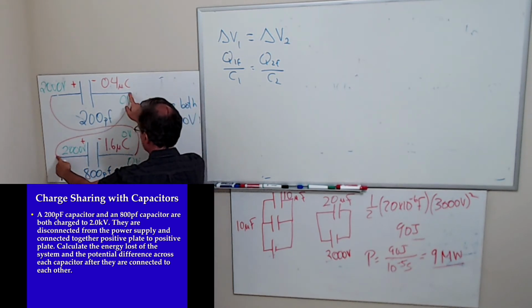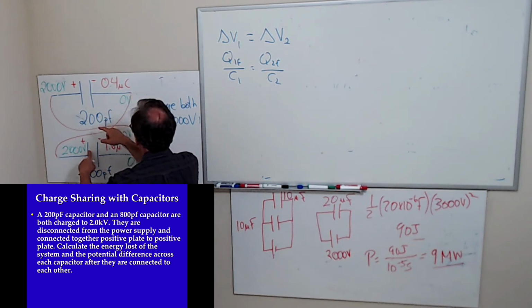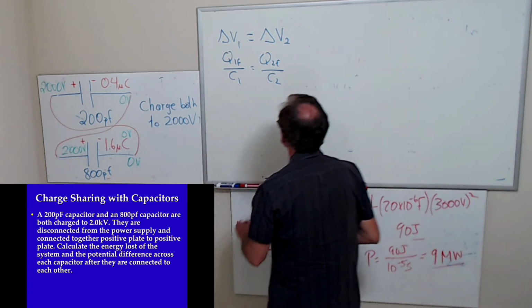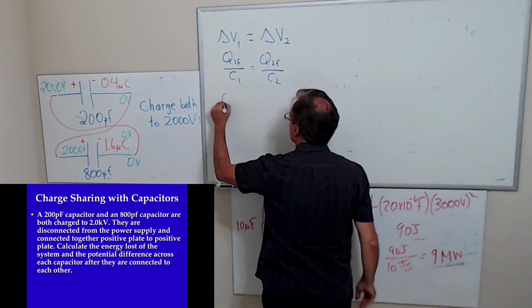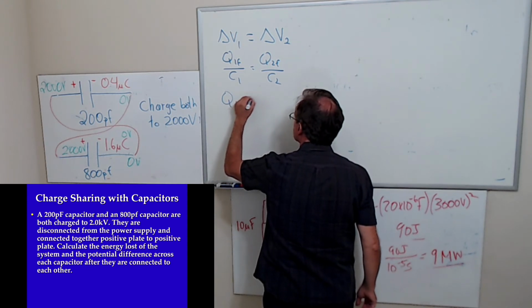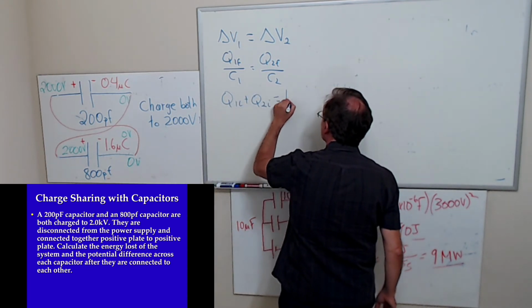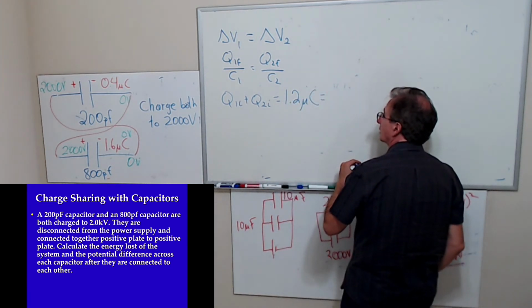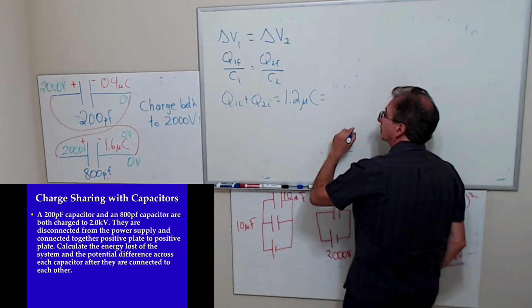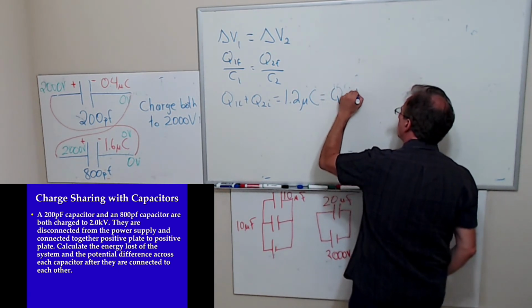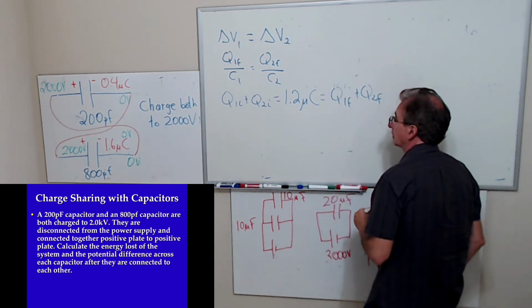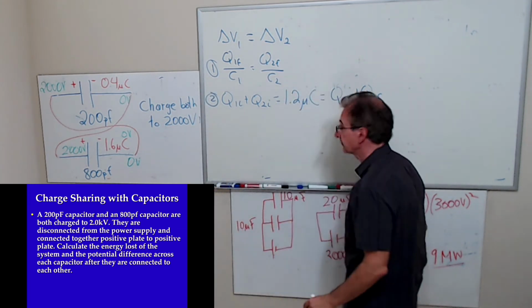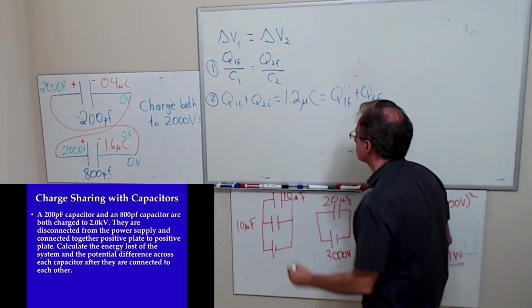So the total charge between these two conductors is going to be 1.2 microcoulombs, and I always deal with the positive number. Q1 initial plus Q2 initial is 1.2 microcoulombs, and that's going to be equal to Q1 final plus Q2 final. So here's equation 1, here's equation 2, and I just solve simultaneously.